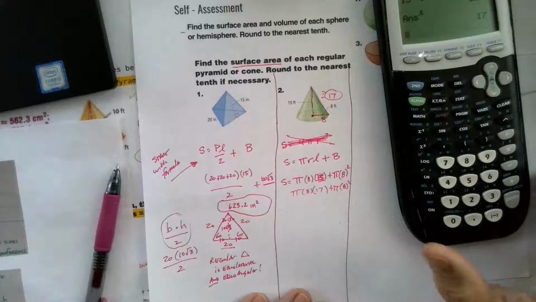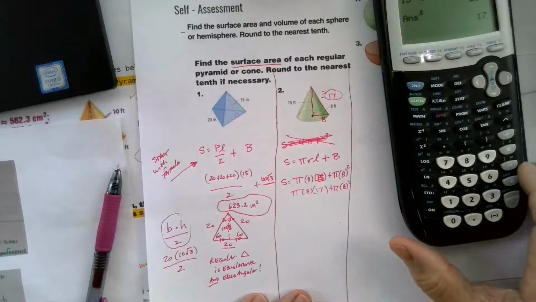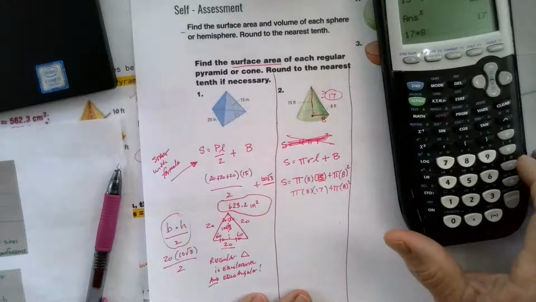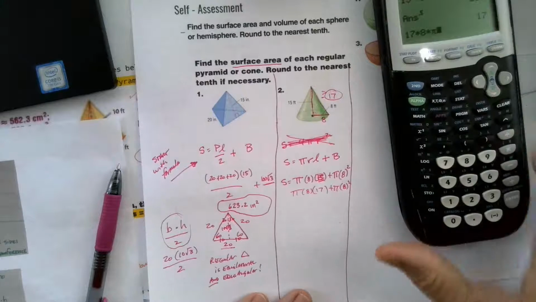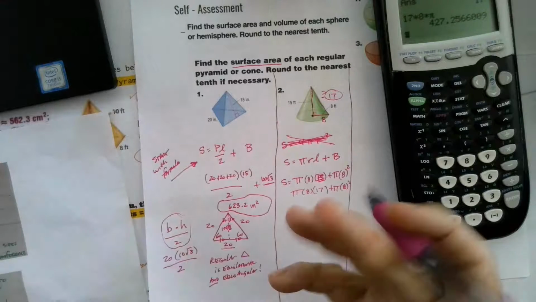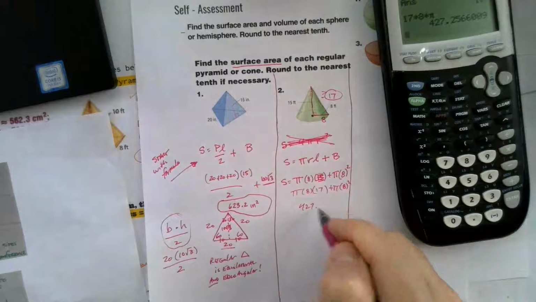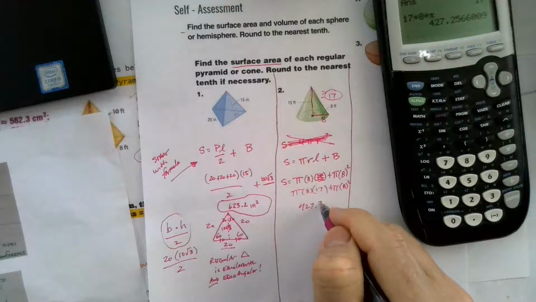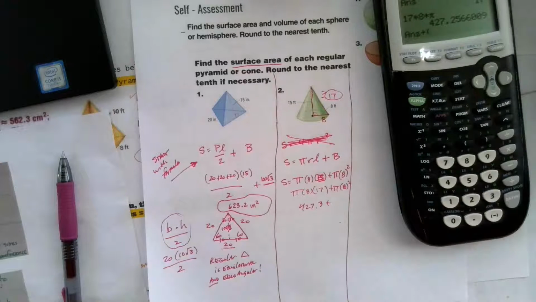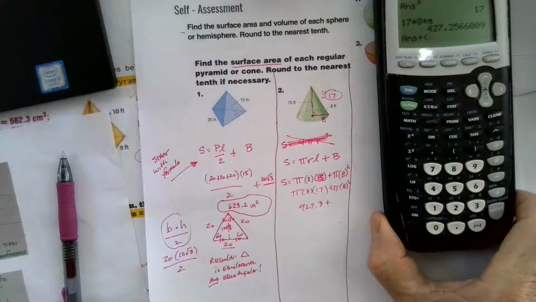So now I've got 17 times 8 times pi. I'm going to leave that in there, 427.3, and then plus, carry it down to my calculator and put plus.